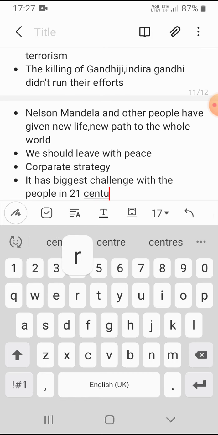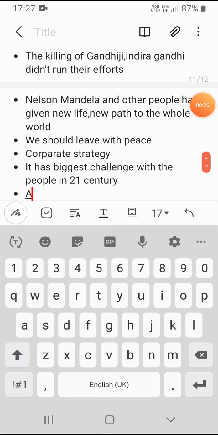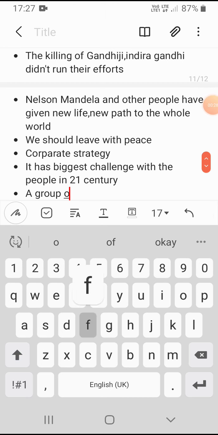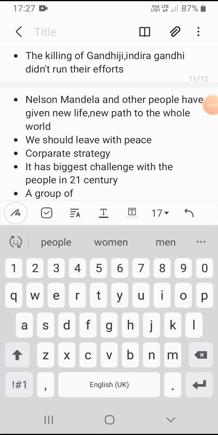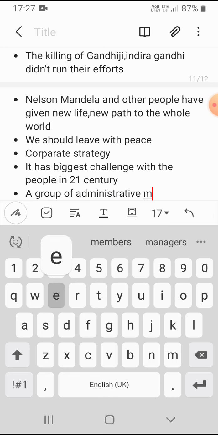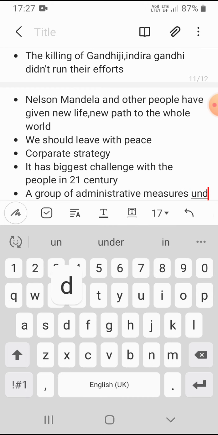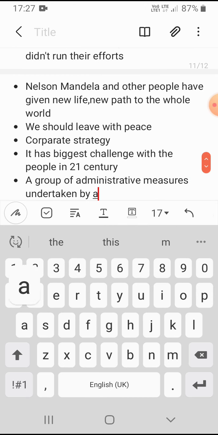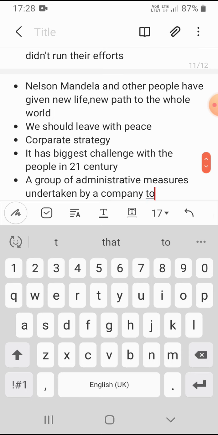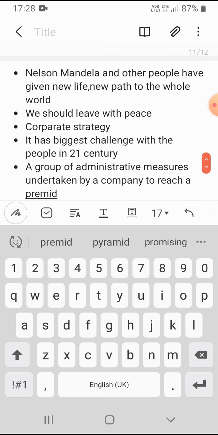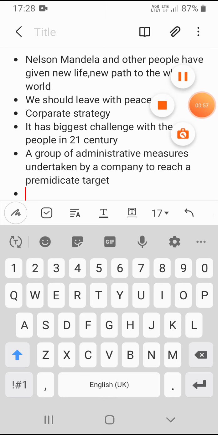It is a group of administrative measures undertaken by a company to reach a premeditated target. The measures taken by the company are called corporate strategy.